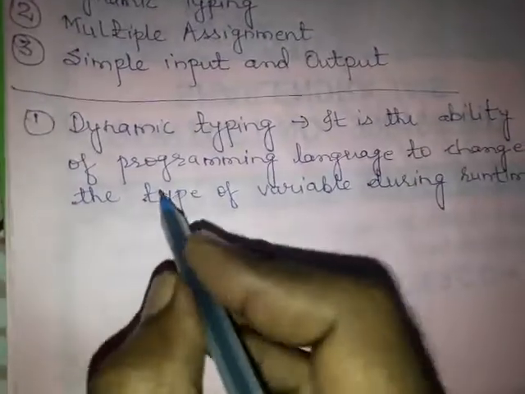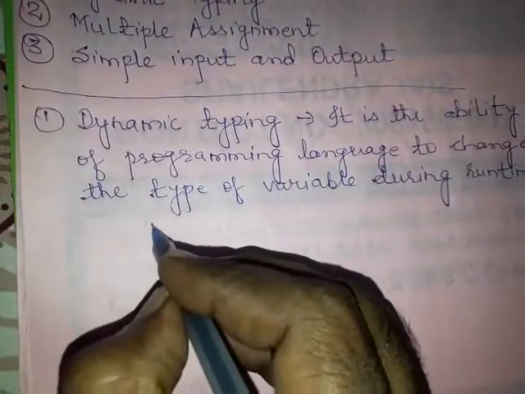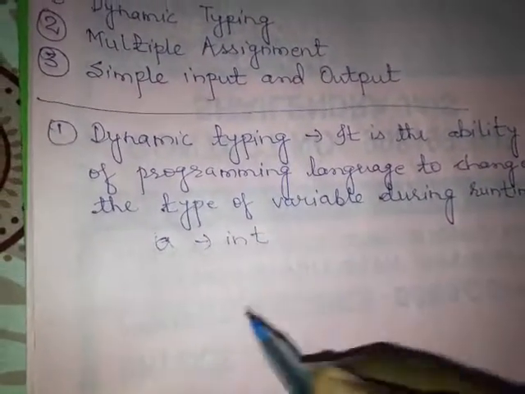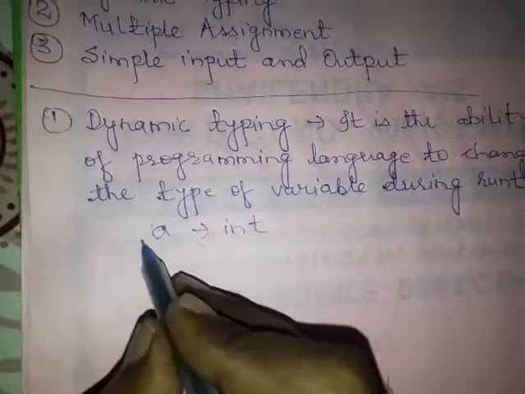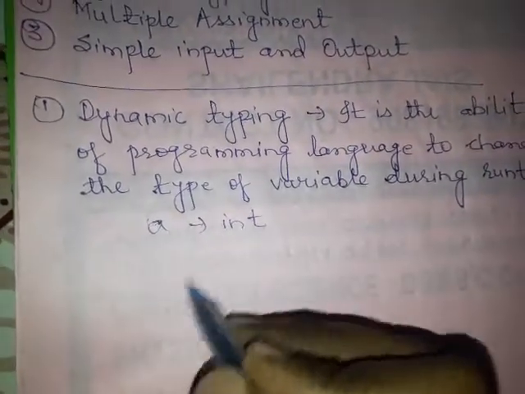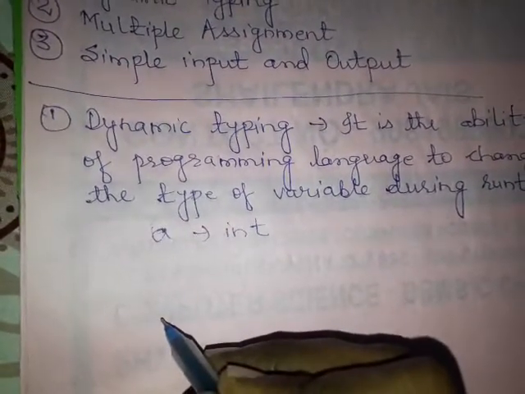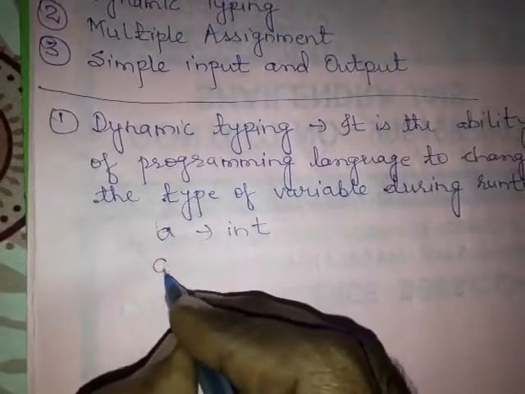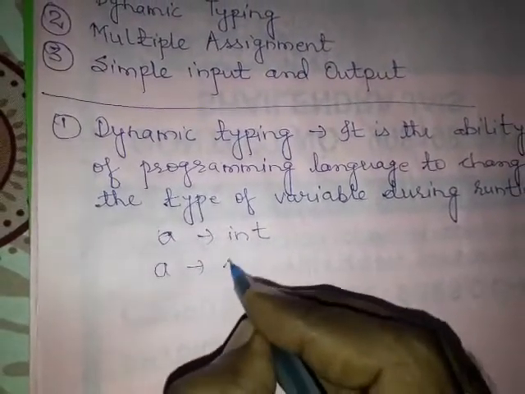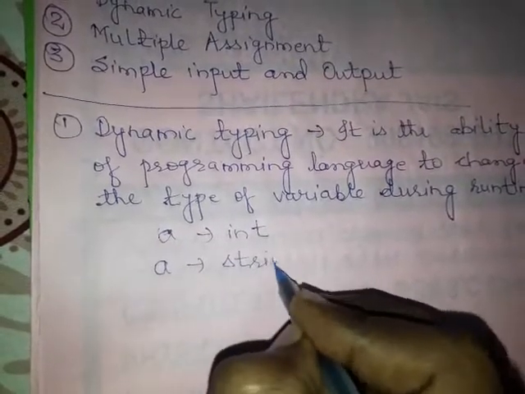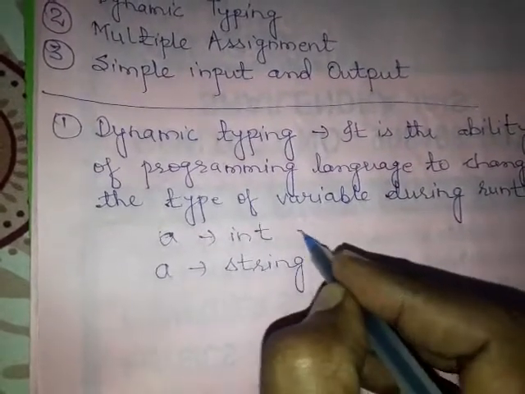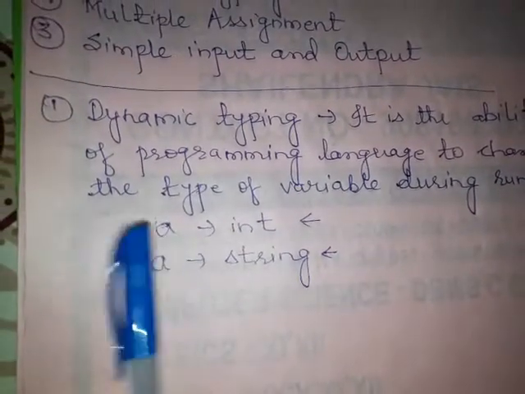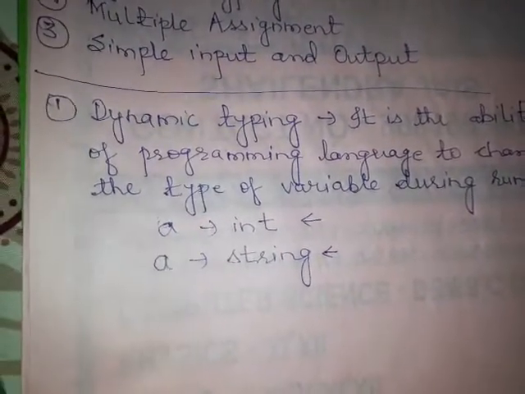Suppose a variable a is of type integer, it means a is holding integer values, and in between your program you give another value to a of string type. So the programming language will support changing the type of the same variable.